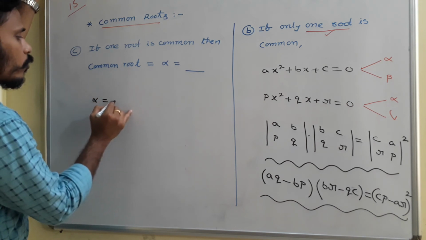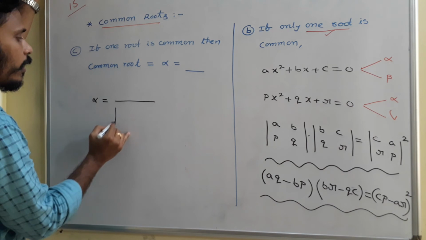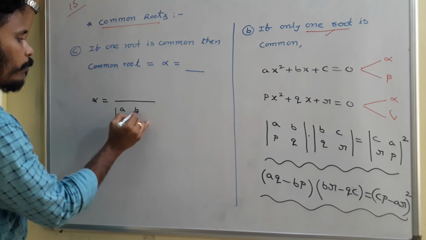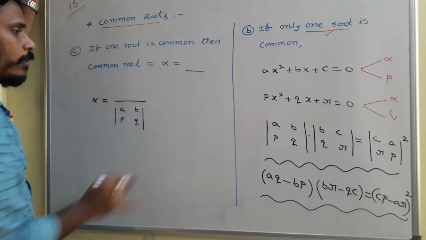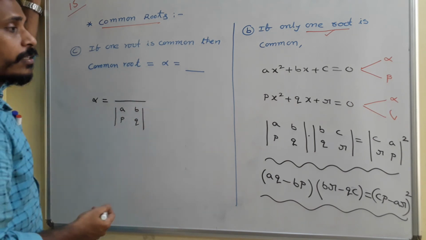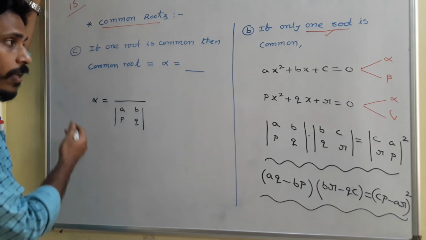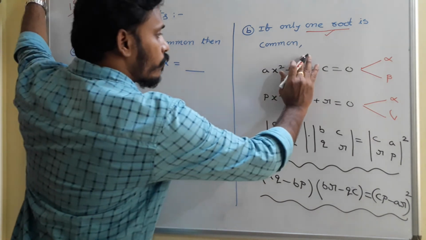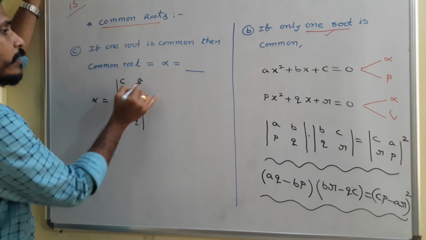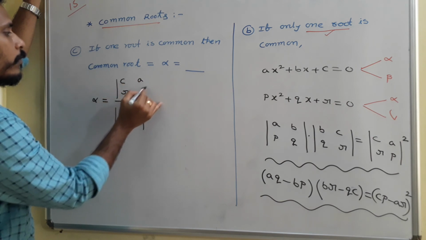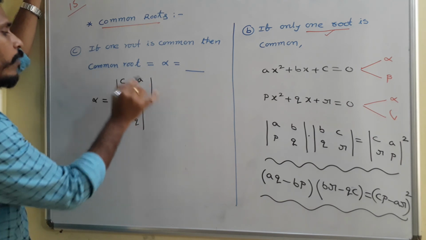Y is equal to, in the denominator, the determinant of A, B, P, Q. I erased it actually. But for the numerator, since y is nothing but alpha, we need to close this, then you will get the determinant of CA, RP. So this is the value of alpha.